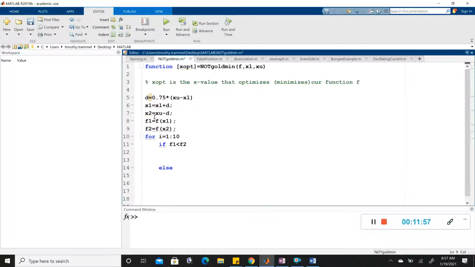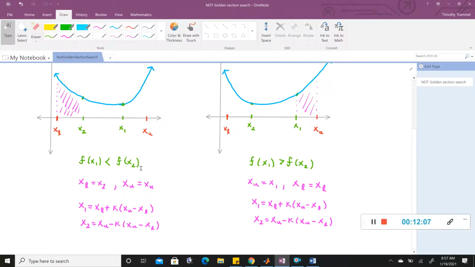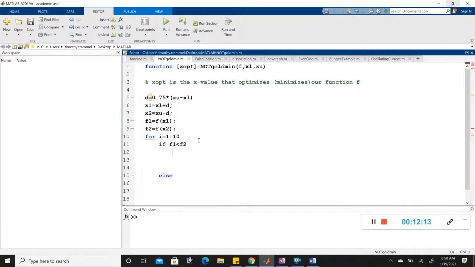Okay. So if F1 is less than F2, the question is, well, what are we going to do? Okay, well, let's go back. We said that we would make x lower be equal to x2. So I'm going to say x lower is equal to x2. In this case, remember, x upper was going to remain the same.